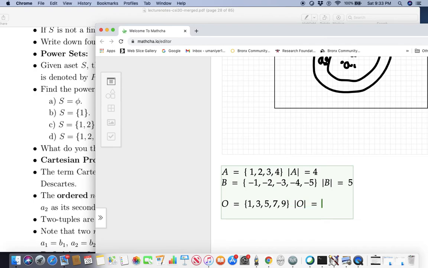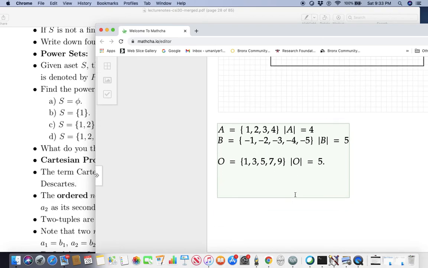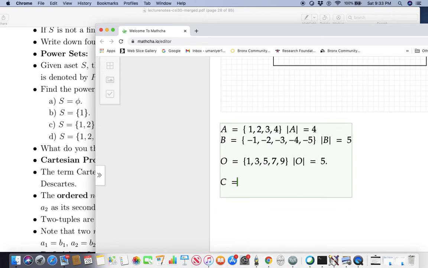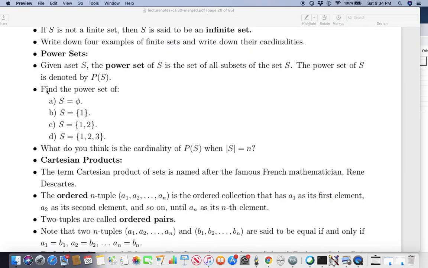Cardinality of O is 5. Suppose I take the set of all positive integers until 100, starting from 1, right? So cardinality of C is 100. So do I have 4 finite sets? Yes.